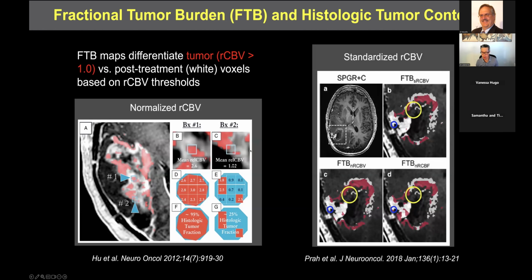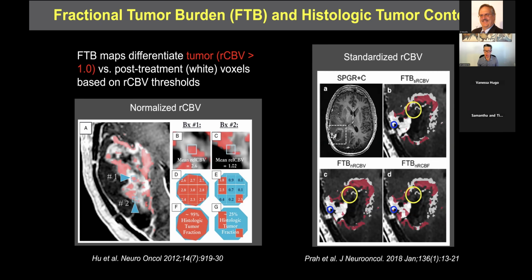After that, Kathleen Schmainda's group published a very nice study further confirming that threshold of 1.0, but they also introduced another technique called standardized RCBV, which gives essentially equivalent measurements to how we acquired RCBV, where a user defined normal-appearing white matter regions and normalized the RCBV for each patient.